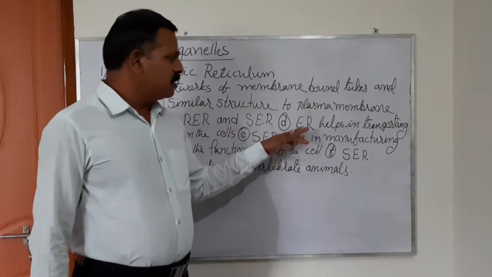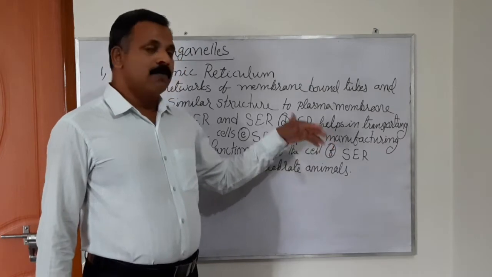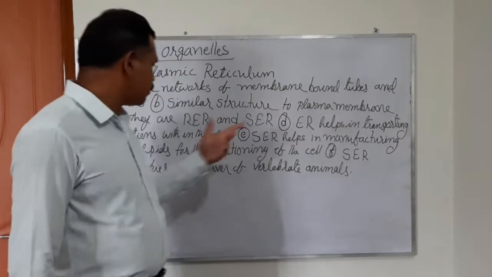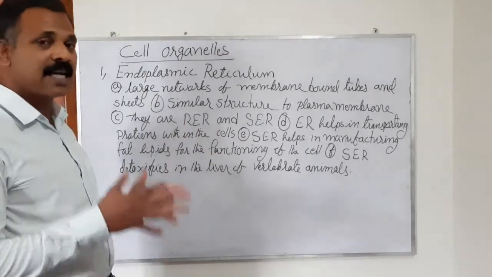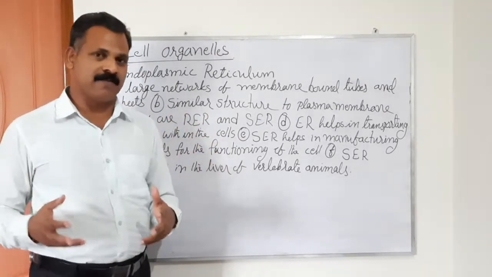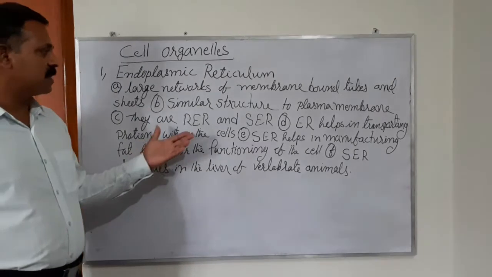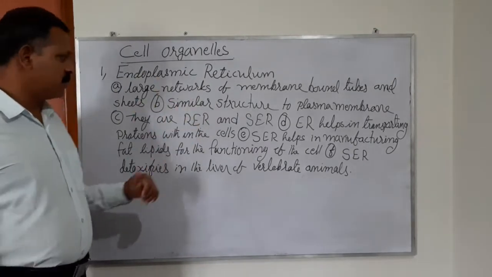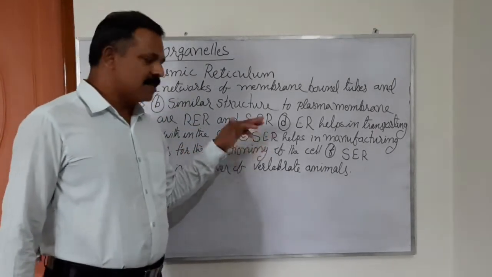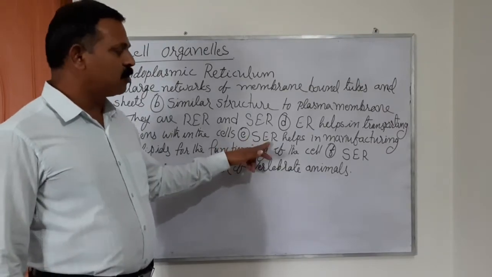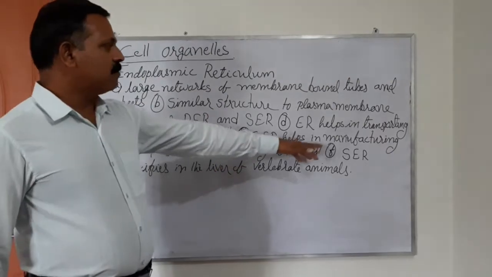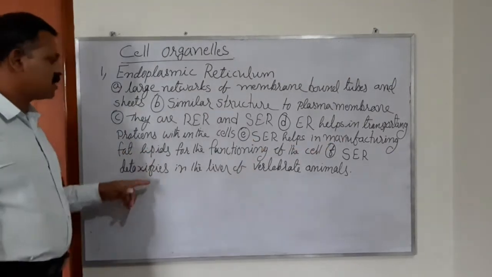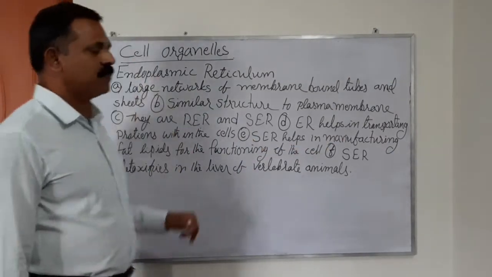Next, endoplasmic reticulum helps in transporting proteins within the cell. So it is a transporting system of the cell. That is the main responsibility that ER performs. Next one is SER, that means smooth endoplasmic reticulum. It helps in manufacturing fats and lipids for the functioning of the cell.